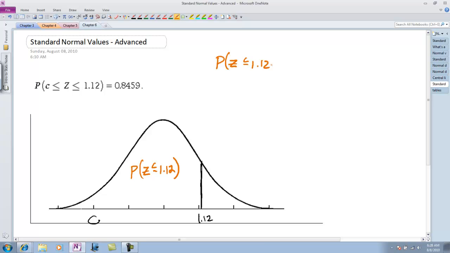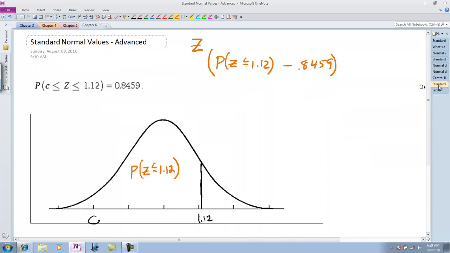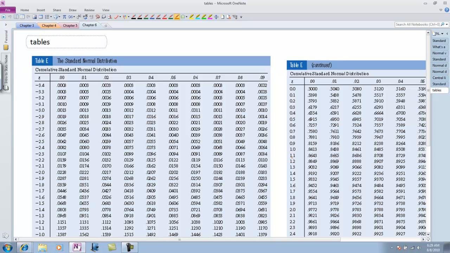And you saw where I typed that. That was part of the argument I had in my calculator. I had this, and then I had minus 0.8459, and then I got an answer, and I put down the opposite of it. Okay, so I'm going to look that up real quick. Tables. 1.12 is 0.8686.